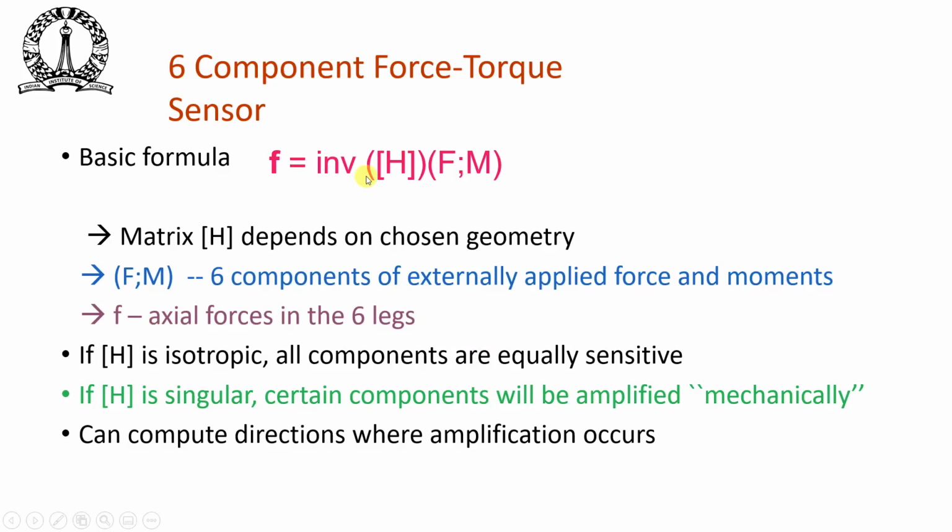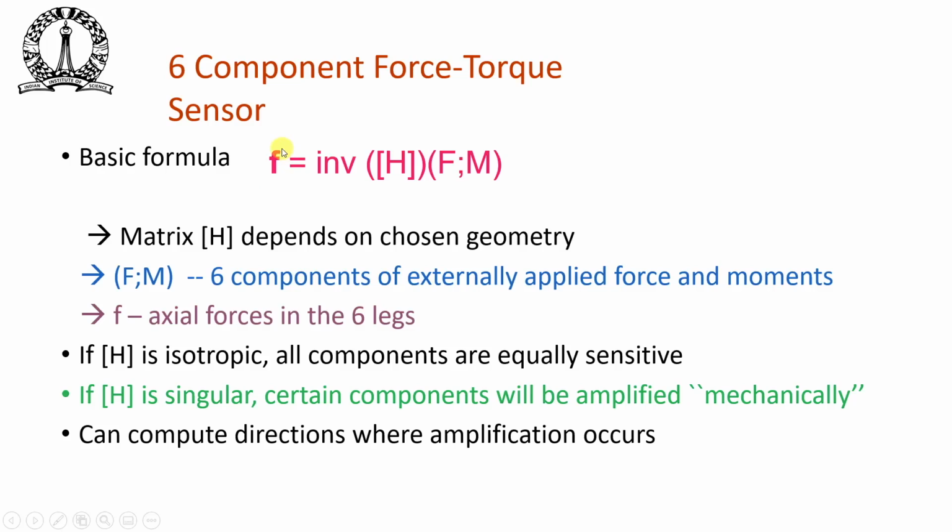From this basic formula, we can see that this matrix H depends on the chosen geometry, that is, the connection points between the top and the bottom platform. This quantity F semicolon M is actually not really a vector, just like in any parallel robot, when you are discussing force and moment together, it is a combination of 3 components of force and 3 components of moment.